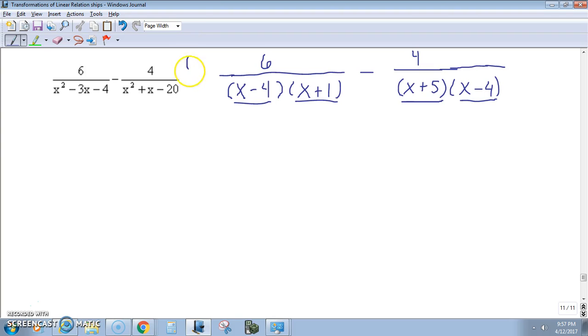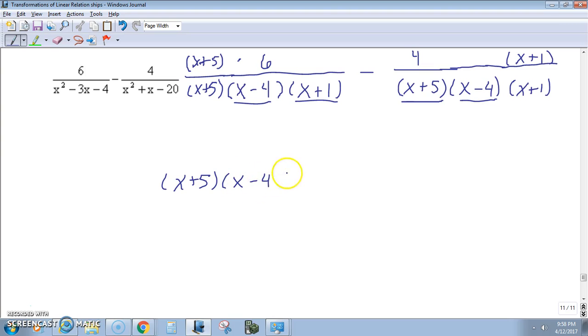Over here, if I multiply this by x plus 5 over x plus 5, it'll get me x minus 4 times x plus 5 times x plus 1. And if on this side I multiply it by x plus 1 over x plus 1, all three terms on the denominator are going to be the same. So that's going to be my new denominator. My new denominator is actually going to be x plus 5 times x minus 4 times x plus 1.